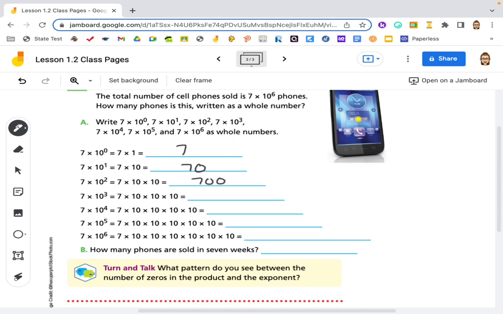7 times the third power of 10 equals 7 times 10 times 10 times 10. So it's going to be 7,000. 7 times 10 to the fourth power equals 7 times 10 times 10 times 10 times 10. It's going to give me 70,000. And then 7 times the fifth power of 10 equals 7 times 10 times 10 times 10 times 10 times 10.